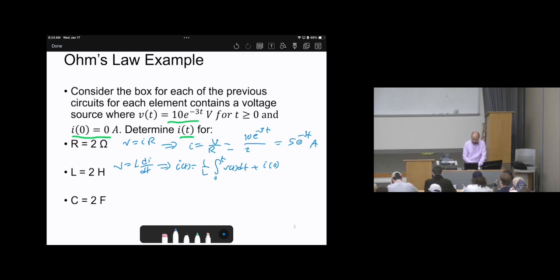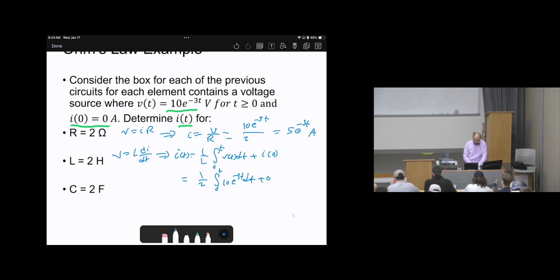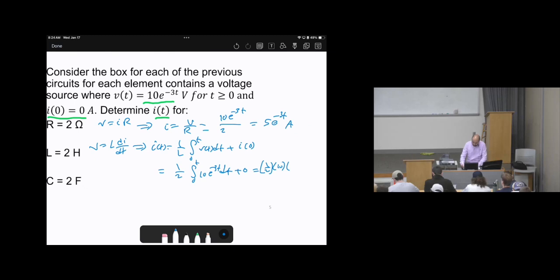Now it's time to substitute the formulas. So it's going to be 1 over L, L given as 2, 1 over 2, the integral from 0 to t, V of t is 10 e power negative 3t dt. I of 0 is given as 0, so plus 0. Therefore, it will be 1/2 times 10. Then the integral of the exponential is 1 over the constant times the exponential itself.